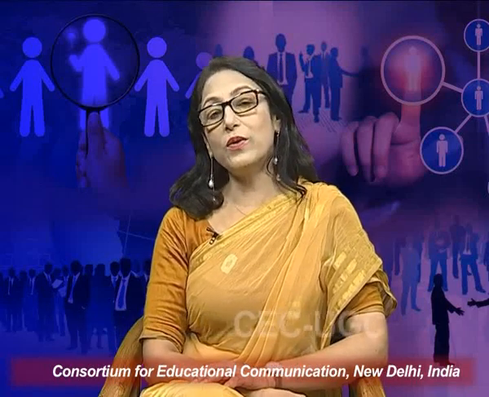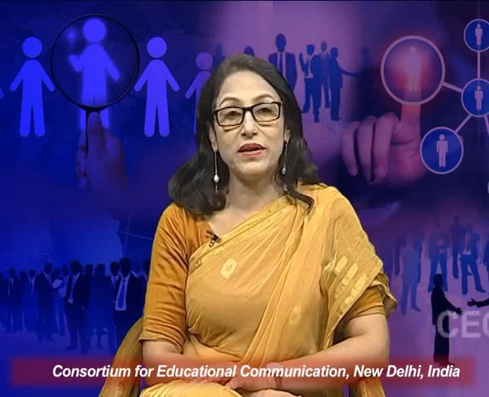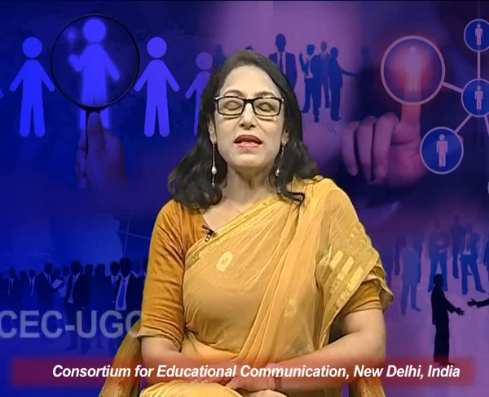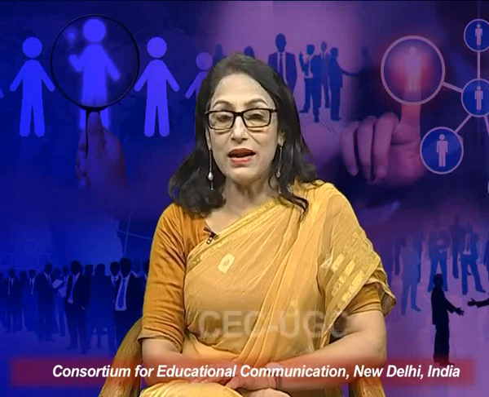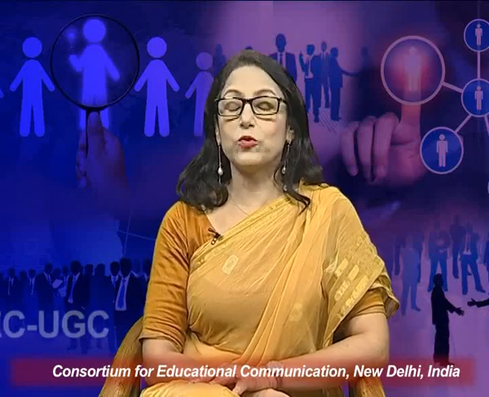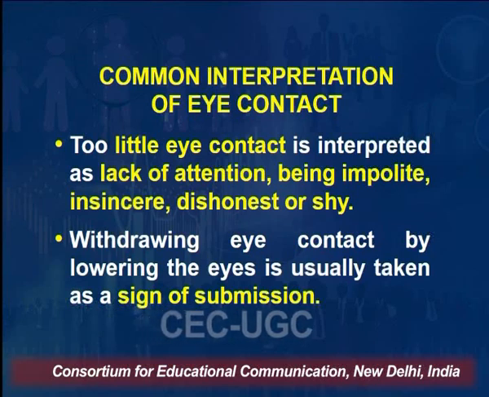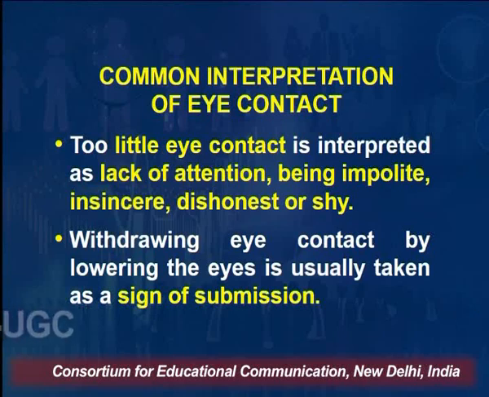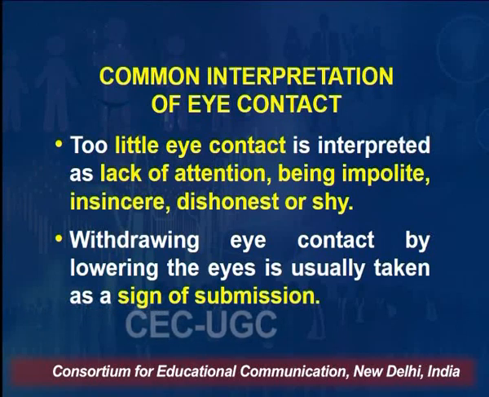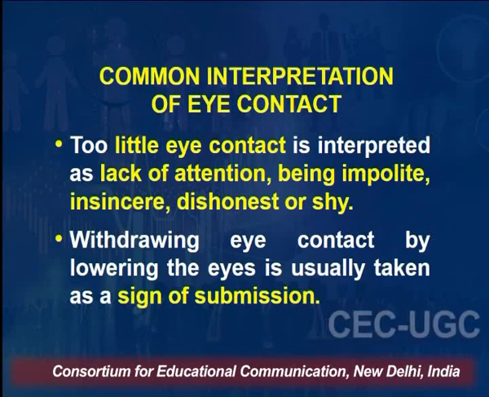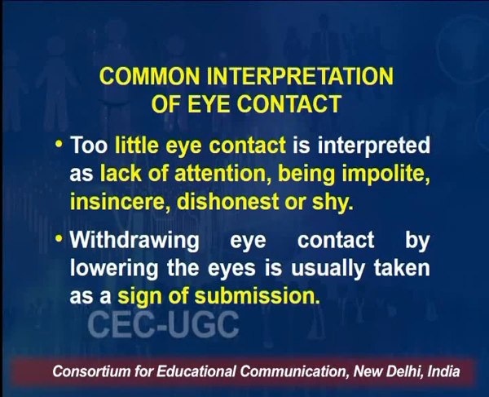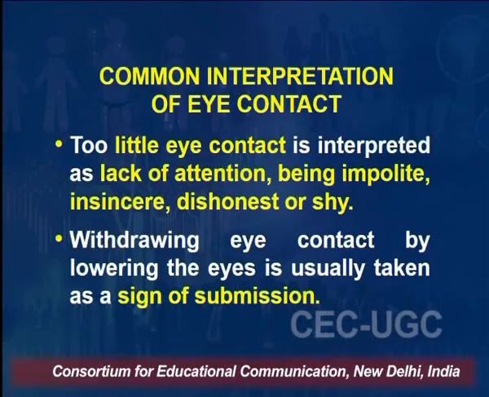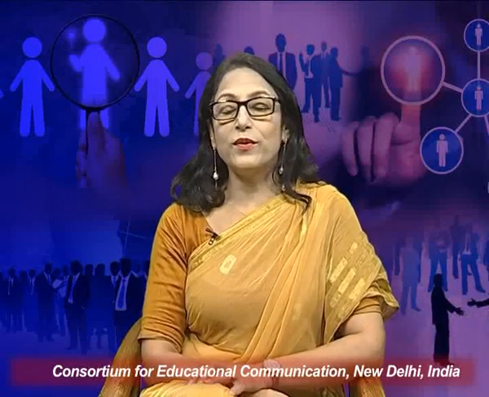How do we interpret it if the eye contact is too limited, too little? It means I am not giving attention. If I am a sender or a receiver of information and I am not paying much attention, it can be interpreted by one sign: very little eye contact. That indicates either lack of attention, or that somebody is impolite, insincere, dishonest, or shy.